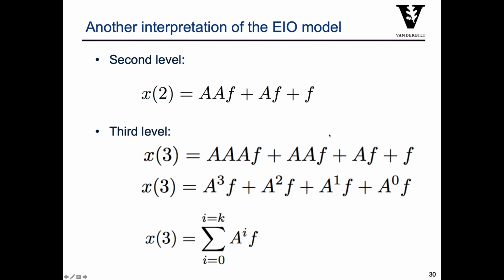Well, you can keep playing this game, right? You have the final demand you need to produce. There's all the output you need to produce the final demand, but unfortunately, that term requires that you produce even more to fulfill it. Well, how much more do you need to fulfill it? Well, multiply it by another A. So your final demand times the stuff you need to produce that final demand comes in here.